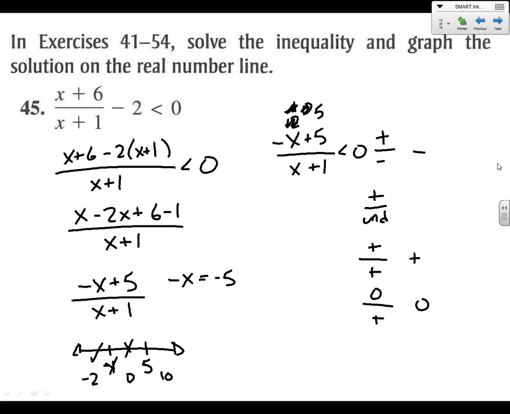That's not less than 0, so we don't like the 5 either. And let's test 10. Negative 10 plus 5 is negative. 10 plus 1 is positive. Negative, which we like. Final answer, negative infinity to negative 1, as well as 5 to infinity.